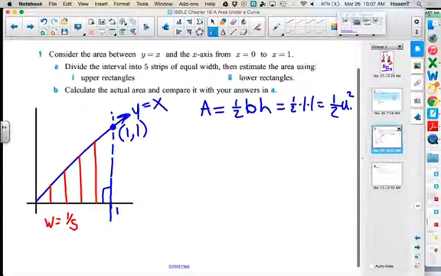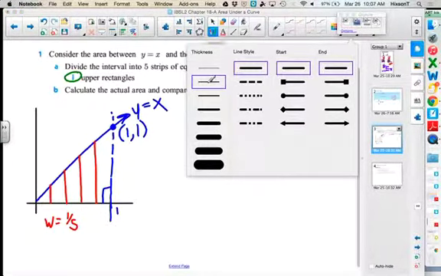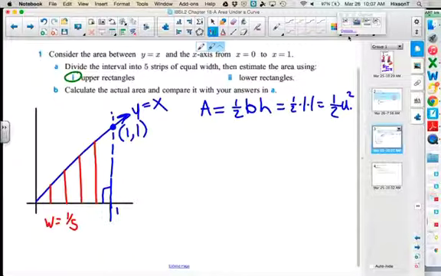Now, if I'm using upper rectangles, let me make this a little thinner, okay? Then I'm going to be finding the areas of these rectangles here. Okay? So let's do that. The area of the upper rectangles is going to equal, I have 1/5 times, what's the height of my first rectangle?